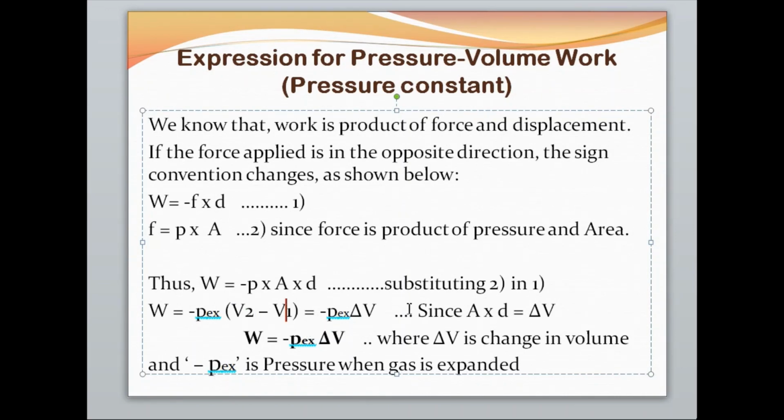So that's how I get delta V as V2 minus V1. So can I write it down like this? Minus Pex delta V? Yes, I can. So this is an expression for pressure volume work. A very, very important expression. That's why I've put that in bold. W is equal to minus Pex delta V, where delta V is the change in volume and Pex is the pressure when the gas is expanded and not contracted.